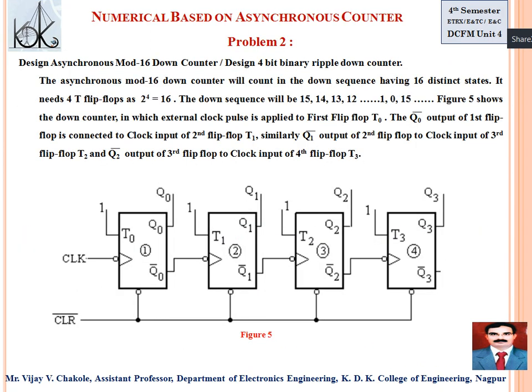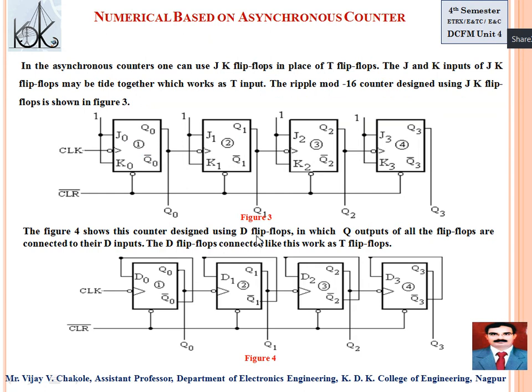Now, if you want to design the same problem with the help of D flip-flop, that is shown in figure 4. Figure 4 shows this counter design using D flip-flop, in which the Q bar output of all the flip-flops is connected to their D input. So Q0 bar is connected to D0, Q1 bar to D1, Q2 bar to D2, and Q3 bar to D3.